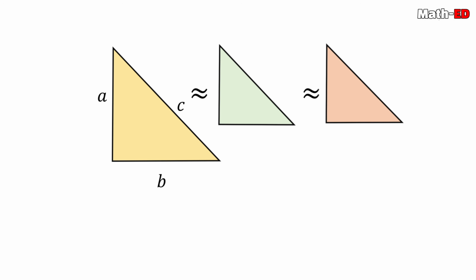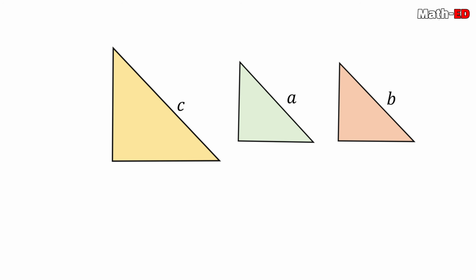We can also notice the main triangle has hypotenuse length c, the blue triangle has hypotenuse length a, and the red triangle has hypotenuse length b. Now let's consider a right angle triangle whose hypotenuse length is 1 unit and which is similar to all of these triangles above. If we scale it up to each of the triangles, we can use the scaling factor of area as we showed previously.